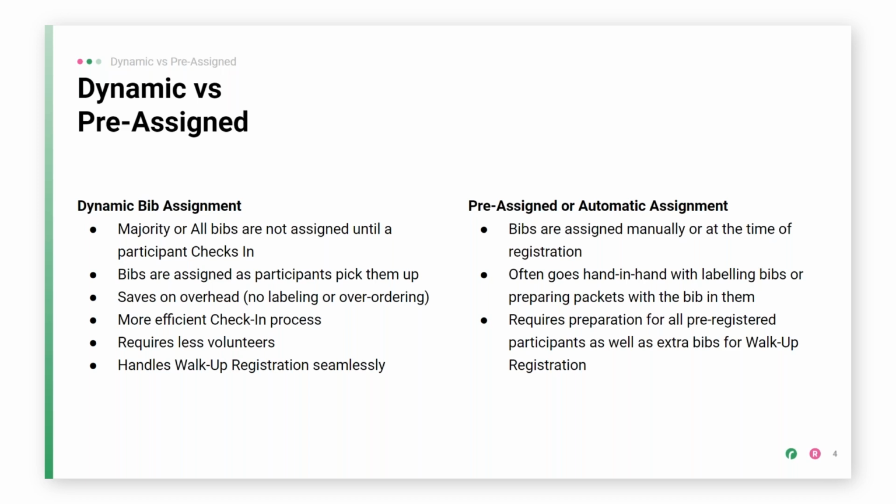It does this by, if you had a traditional packet pickup where you had a sign saying A through D here, E through F there, and breaking up the alphabet into letters like that, you may have instances where one line would have no people in it and the other line would have 4 or 5 people in it.